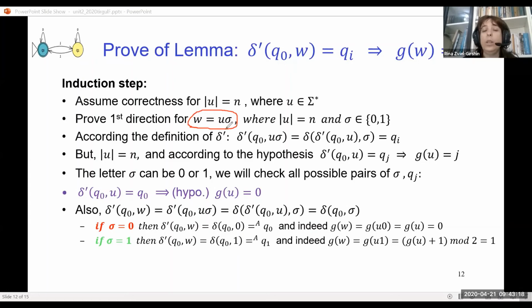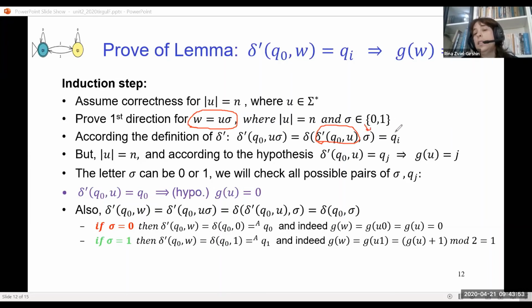According to the definition of the extended transition function, if we start reading our word W, which has prefix U and suffix sigma, from the state Q0, we have the transition from Q0 over the whole prefix U until we reach some state, let's call it P. And then we have only one transition over the letter sigma.